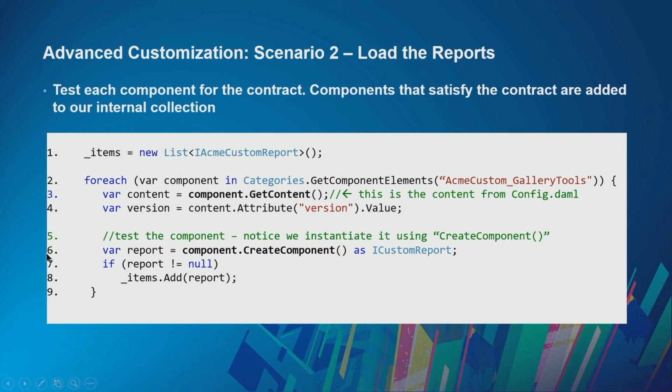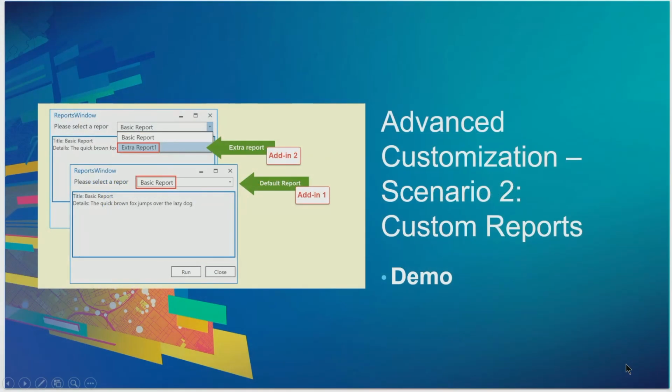And then here on line 6, I'm using the create component method on the component retrieved to instantiate the component, and then I cast it as the ICustomReport. If this passes, this particular component gets added as a report to my collection of reports, and this allows me to visualize it in Pro. I'm going to show that in this demo.